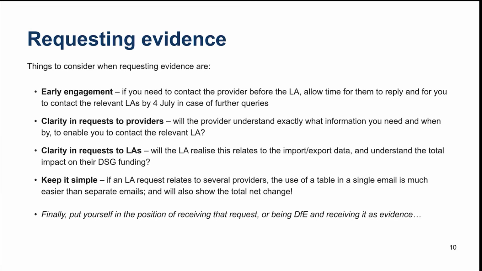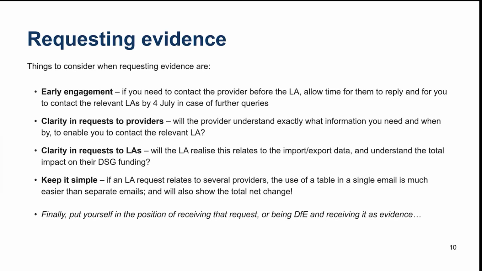So if there are several providers, using a table with the overall total in a single email thread is much easier to follow than several separate email threads. And although it may seem obvious, finally, put yourself in the position of the recipient. From the request, would you understand what's actually needed and why? Also, as it's possible the request may actually be needed as evidence, if you were the DFE, would it meet those requirements?